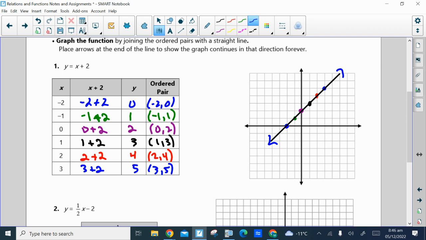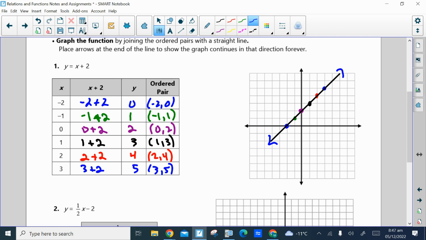There are infinitely many points that would work for this equation. We found 6 points that work, but there are infinitely many more that could work. You can start with any value you want for x. Plug it in, you'll get a corresponding value for y, and those points would all be on this line as well. Now, technically, you only need 2 points to graph a line.